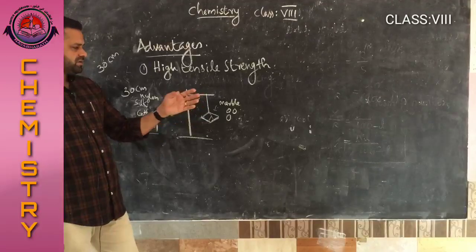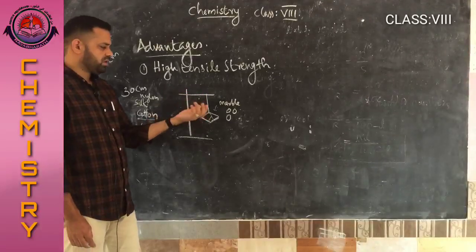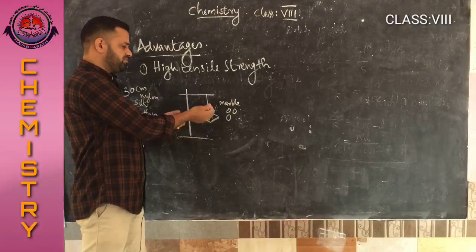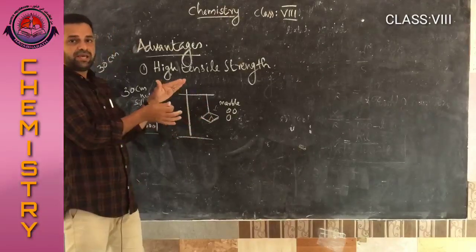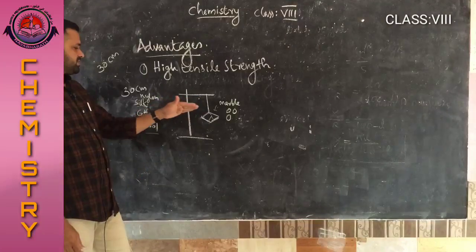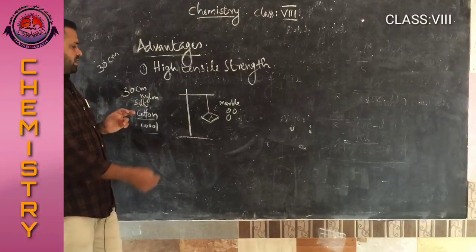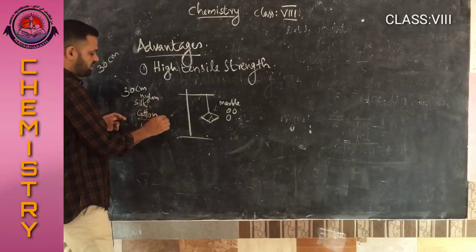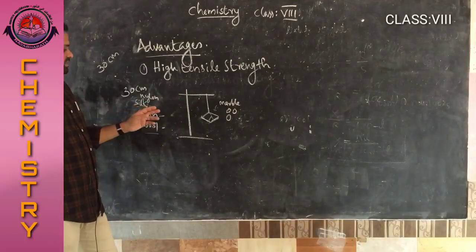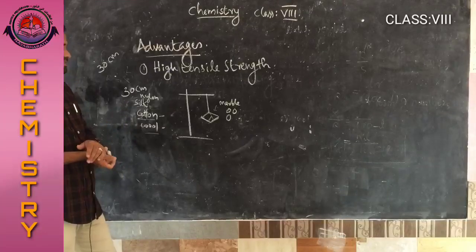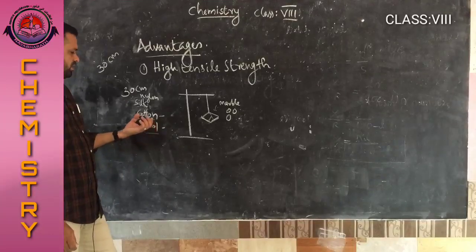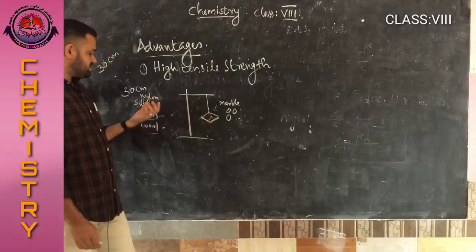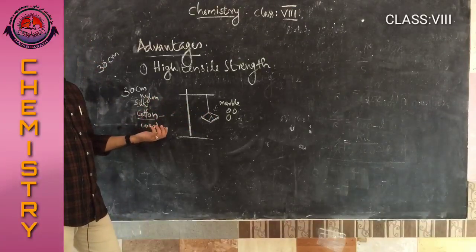After some time, when we are putting more marble pieces, it may break. That is the tensile strength of this nylon. Then you can repeat the same experiment with silk, cotton and wool, and you can see that nylon can hold more weight than silk, cotton and wool.